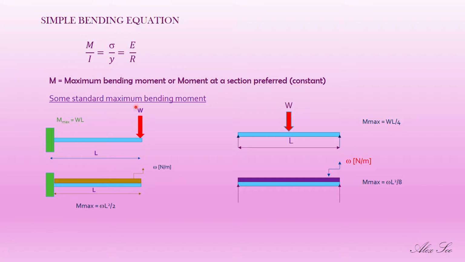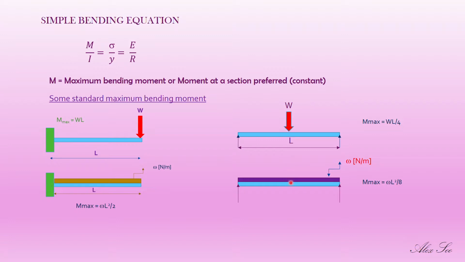So this is a point load and this is a UDL load. That is the difference. For the cantilever, that is the maximum bending moment formula. And for simply supported with only UDL, you have omega L squared over 8. But what happens if you have a beam with a UDL load and also a point load acting at the center?